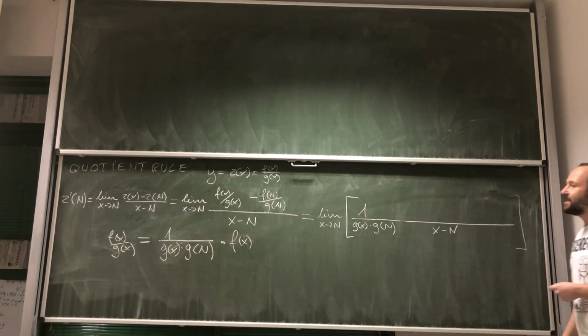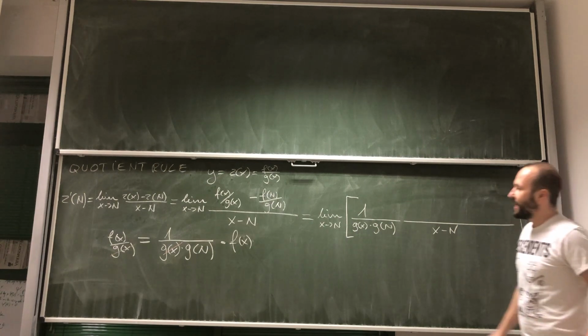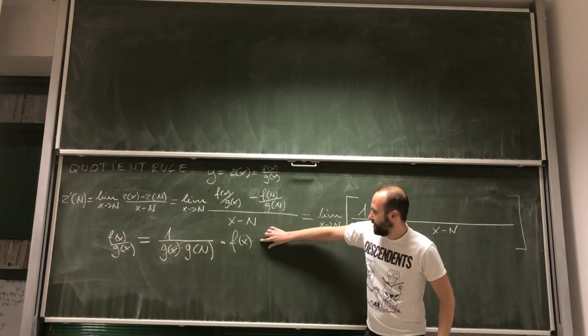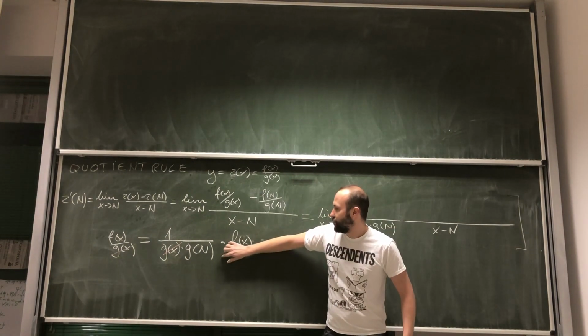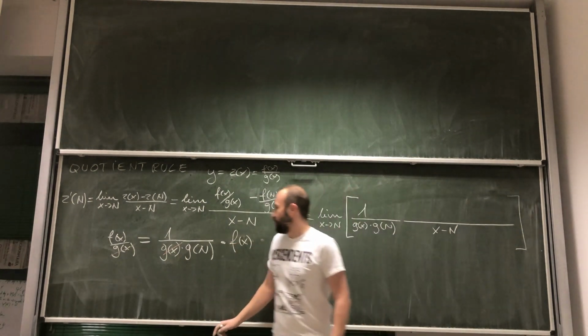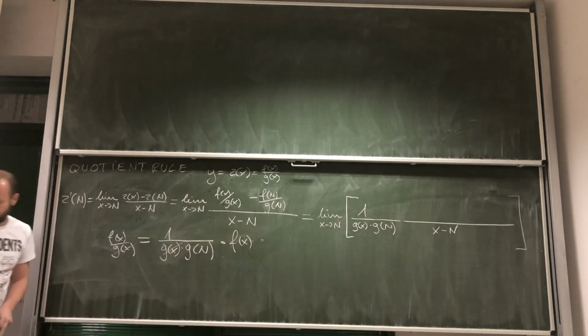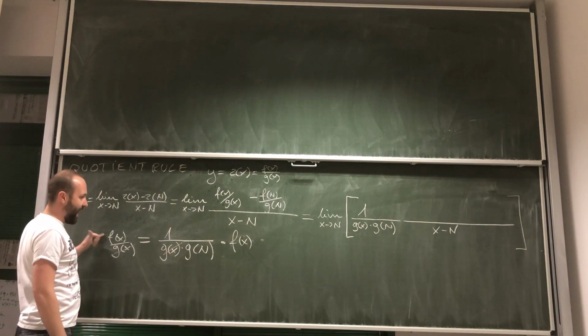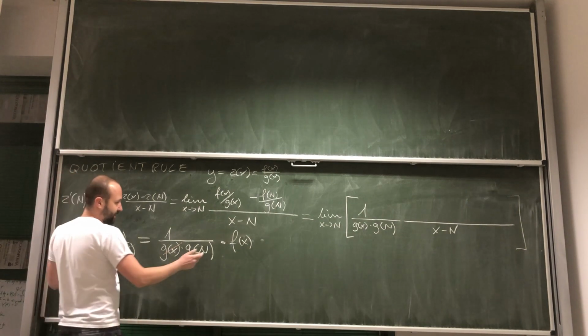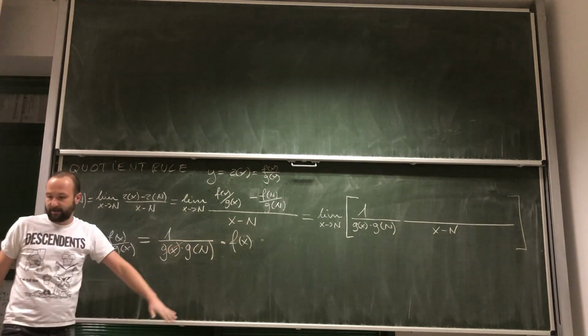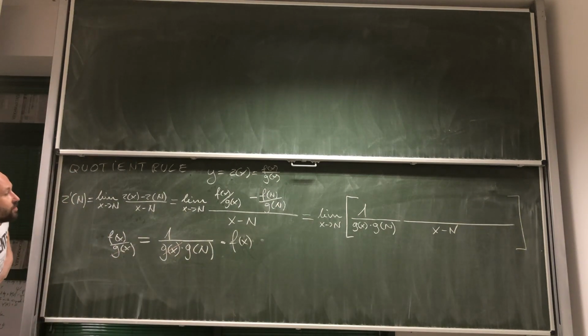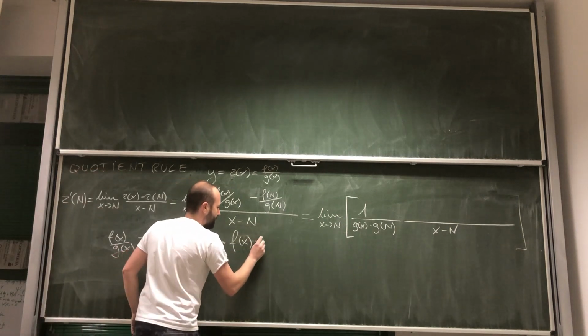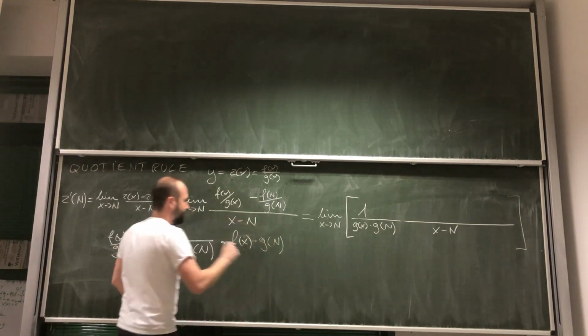But this is not enough, because what I have now is f of x over g of n over n, and those two cancel each other out. So if I left it like this, I would have f of x equal to f of x times g of n, which of course is not true. So what is the thing that I'm missing? Well, I could add here another g of n, right?